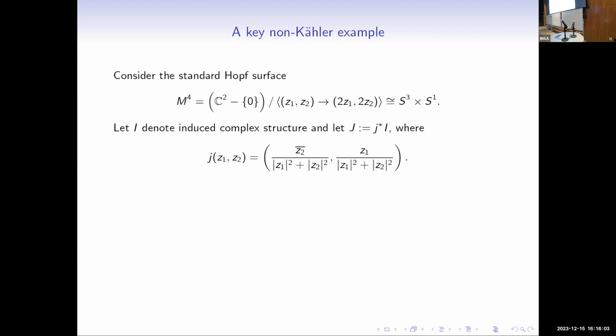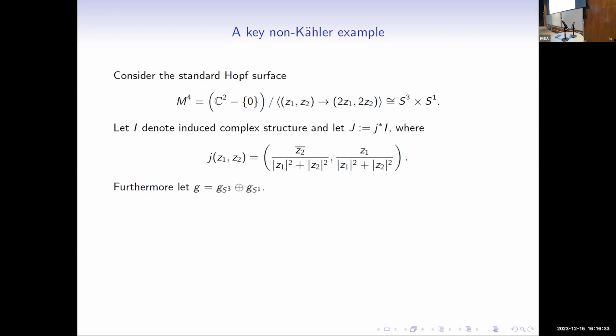It inherits a complex structure I from that on C2. And then you can define the other complex structure J by pulling back I by a certain map on C2. It might not seem obvious, but this is just a choice of right invariant complex structure, whereas I is the left invariant one. In any case, it's basically inversion through the unit sphere and then some further reflection. That's all it is.